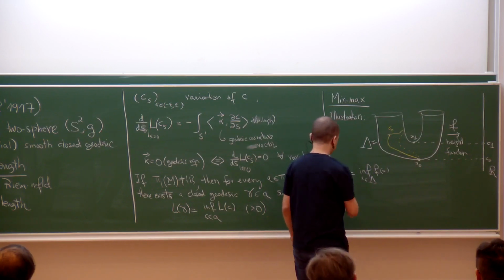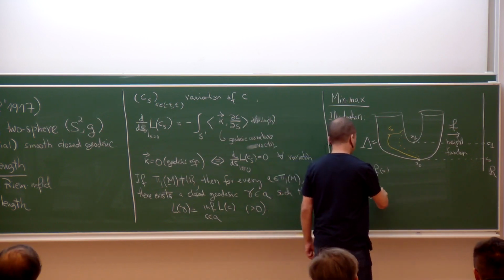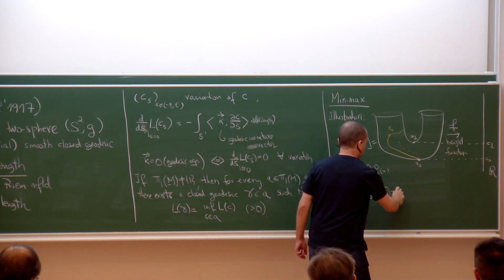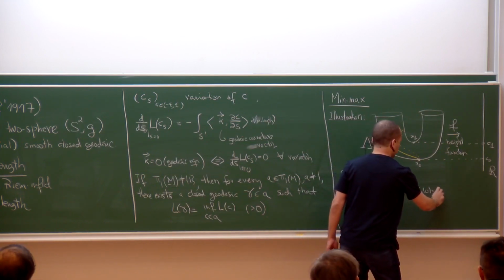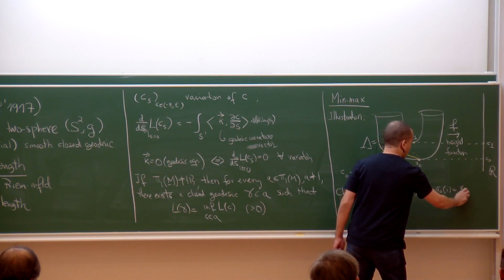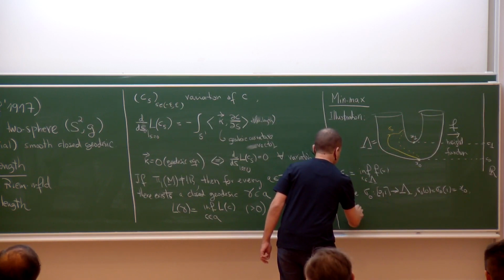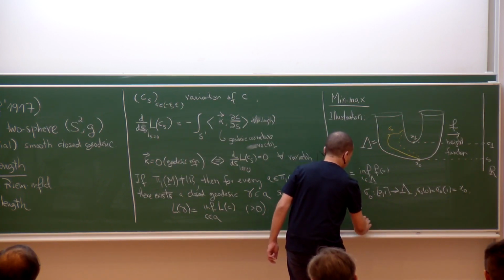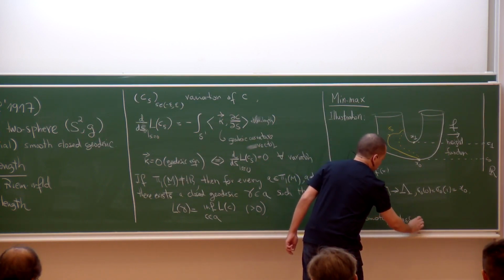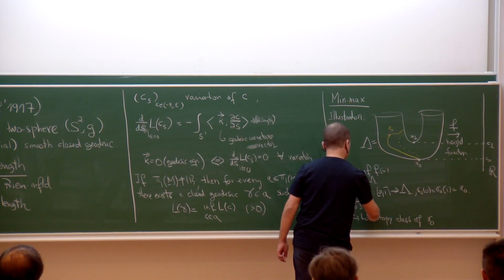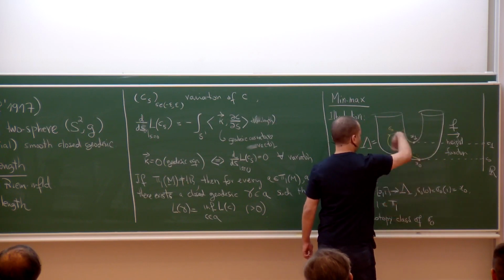So choose sigma naught from the interval [0,1] to lambda, some curve such that sigma naught of 0 equals sigma naught of 1, which is equal to x naught, and such that the homotopy class of sigma naught is non-trivial as an element of pi 1 of lambda, the surface.